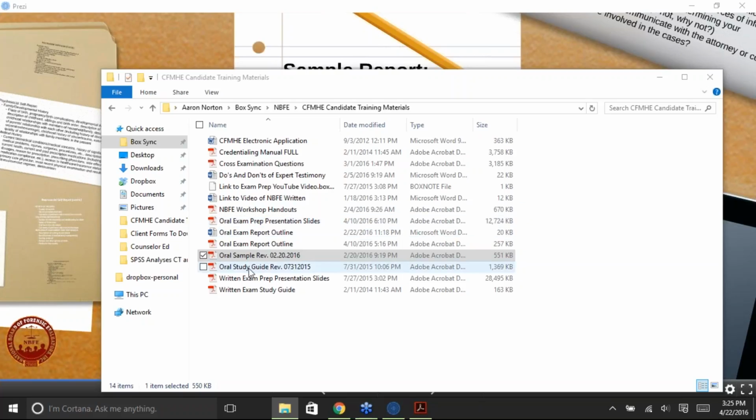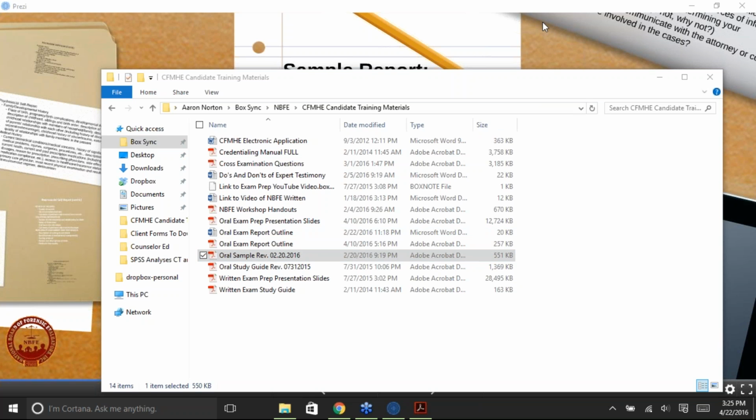And then you see oral study guide revised. That's a separate document that we have that helps people prepare for the oral exam. The written examination preparation slides and the written exam study guide. All those resources are available to you. Looks like we got a couple other questions, but it looks like we already addressed those, so we should be good.